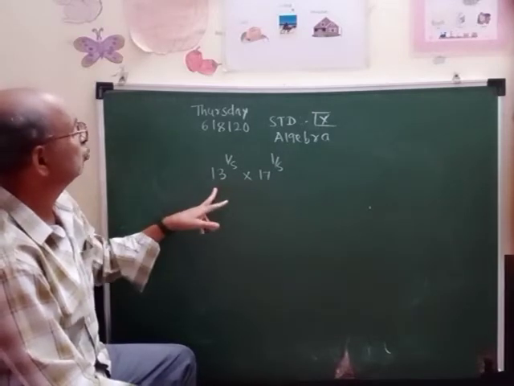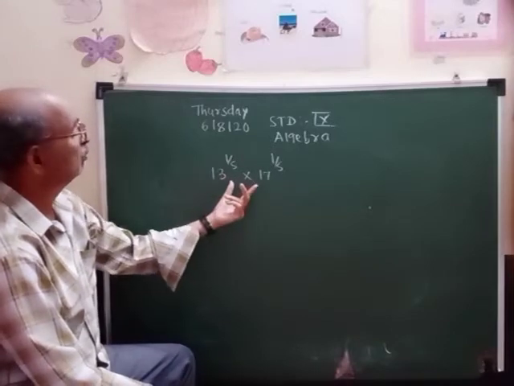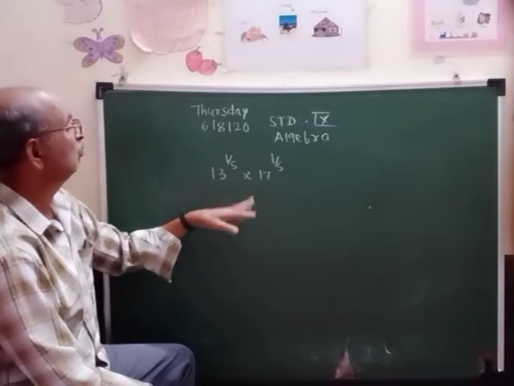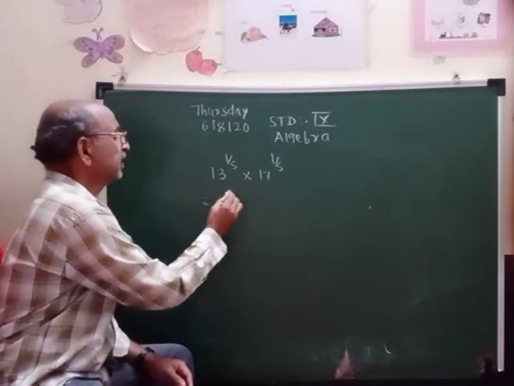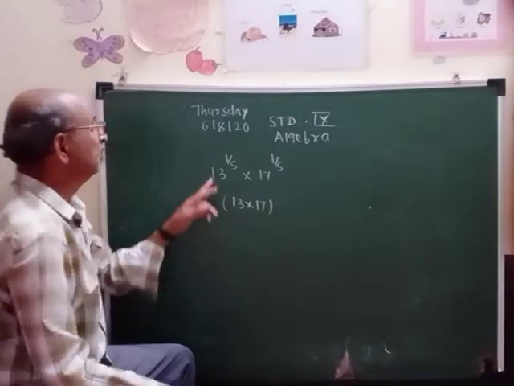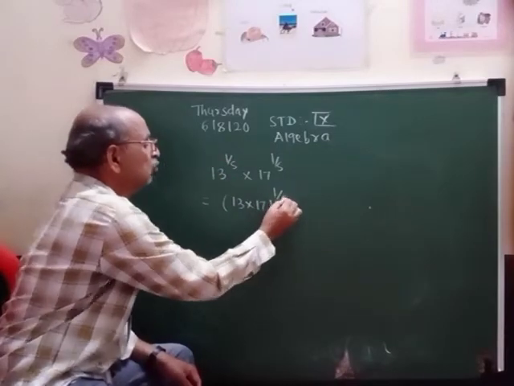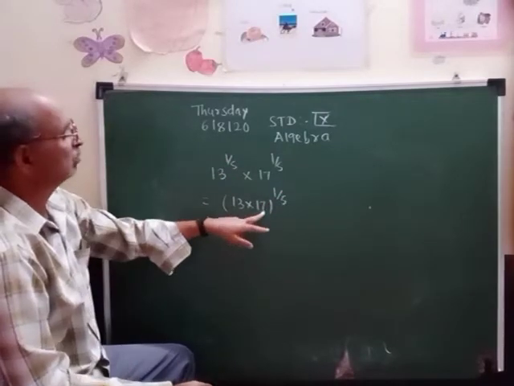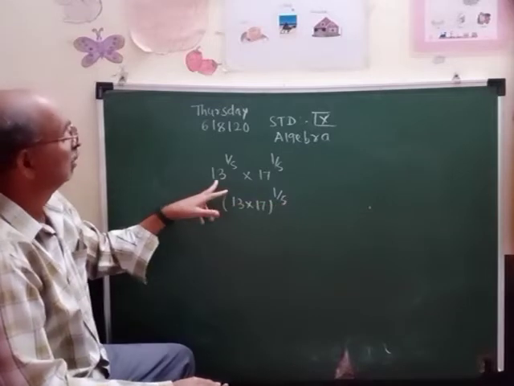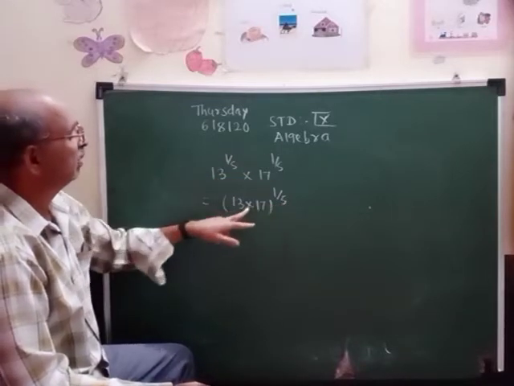So we cannot use the rule where the indices are added, because for using that rule the base should be same. So we write this in one bracket, 13 into 17, raised to 1 upon 5. Here the base is not same, but the index is same, so we take it common.